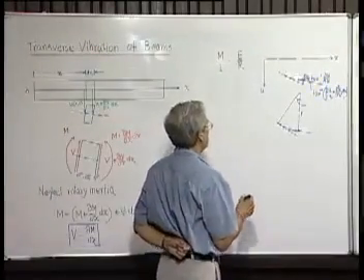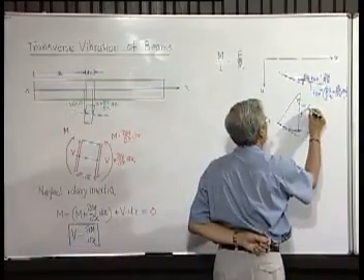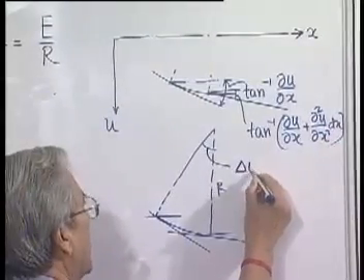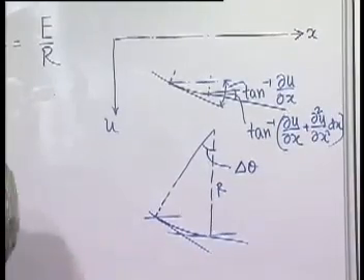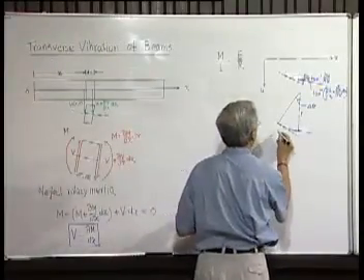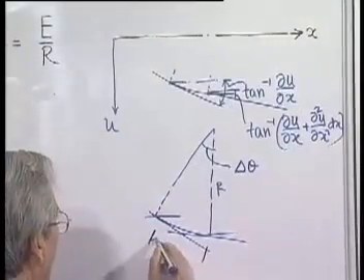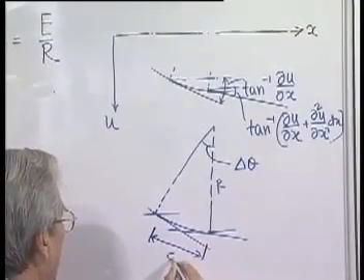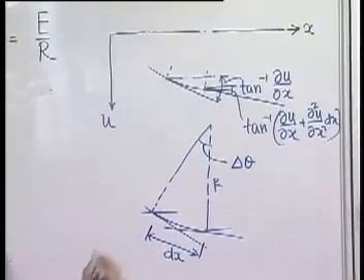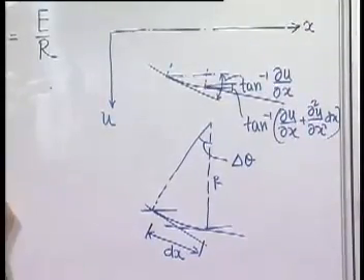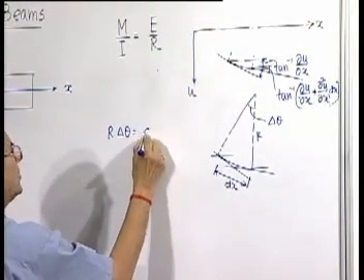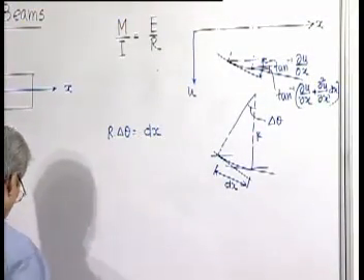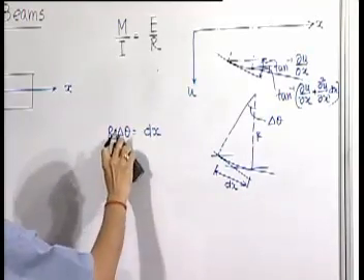Since this is all small, we call it del theta, and of course, the two ends of the element are dx apart. So, we know that r into delta theta is equal to dx. Delta theta we can replace by d theta.